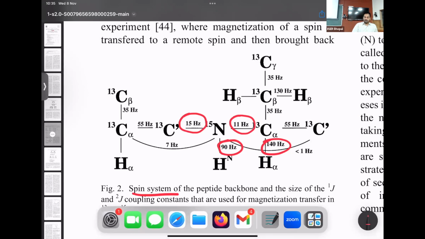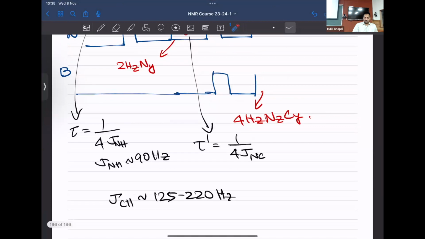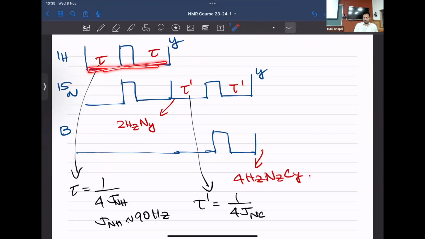So this immediately indicates that the transfer time here versus here are vastly different. While this entire transfer time is around 5.5 milliseconds, since the coupling is going significantly lower, it's going to increase to several tens of milliseconds. Did that make sense? So slowly, a lot of other things start to happen.